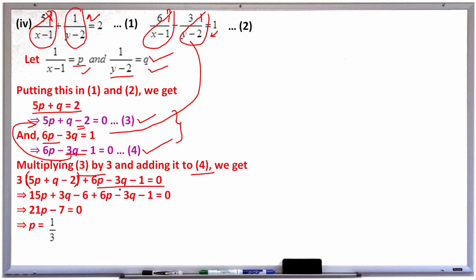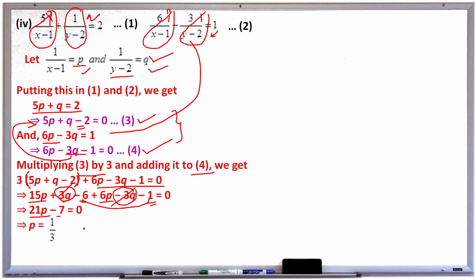Now open the bracket, 3 into 5, 15p, 3 into q, 3q, and 3 into 2, minus 6. Now like terms, 15p and 6p will make 21p. Another like terms, 3q and minus 3q will get cancelled. So here minus 6, here minus 1, same sign. If it is the same sign, you have to add and put the sign minus 7. So 21p minus 7 is equal to 0.